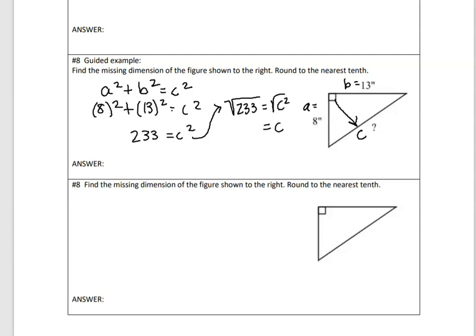That's going to undo the squared, so I just get C. And the square root of 233 is equal to a decimal number that goes on forever, 15.264, and it says that in this problem we're supposed to round to the nearest tenth, so we're going to say 15.3 because there's a 6 next door, and that would force us to round up inches.